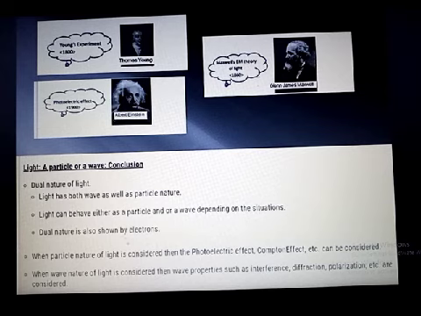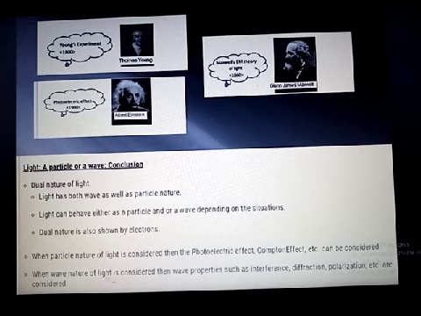Dual nature is also shown by electrons, because Albert Einstein says that in the photoelectric effect, it behaves like a wave as well as a particle. So they came to the conclusion that light is an electromagnetic wave. This is considered a wave, and the light goes from one point to another as a particle also. When the particle nature of light is considered, then the photoelectric effect and the Compton effect are all considered.